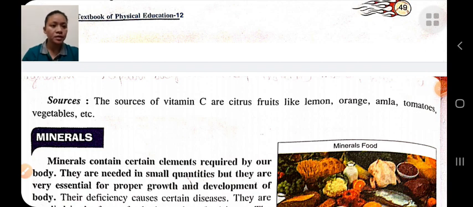Fat soluble vitamins are those vitamins which are soluble in fat, and they are stored in our body. Therefore, we require fat soluble vitamins in small quantity. Water soluble vitamins are those vitamins which are soluble in water. We require water soluble vitamins more frequently as they are not stored in our body. That is, vitamin B and vitamin C are water soluble vitamins.